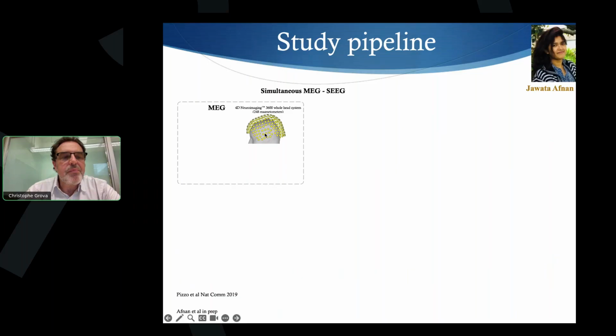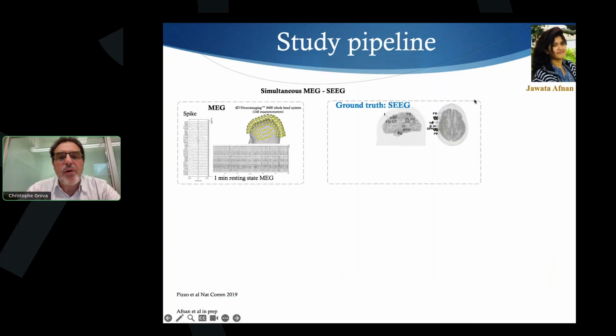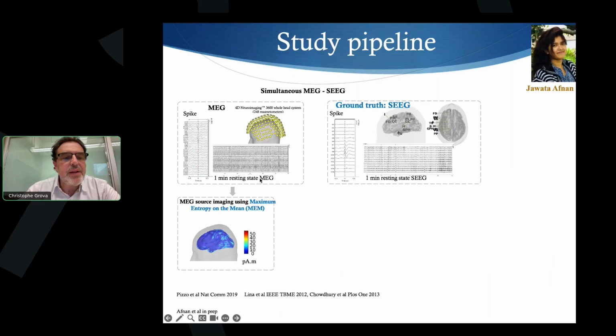So this is our pipeline. We collected MEG data, and we selected 1 minute of clean resting state data without spikes, and some spikes. Then from the SEEG data that was recorded at the same time, we have the location of the electrodes. We also have 1 minute of resting state data, and we have the spikes.